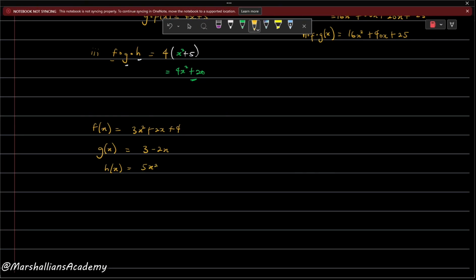Now the question says, find 1, f of g, 2, f of h, 3, g of h, 4, or let's say g of f, let us do g of f, and 5, f of g of h.